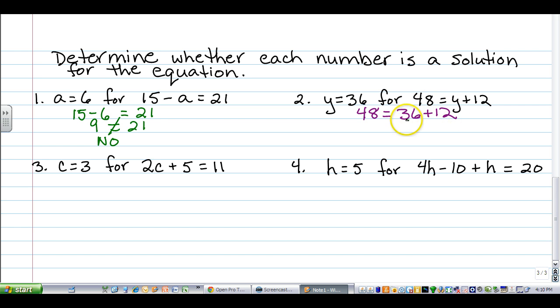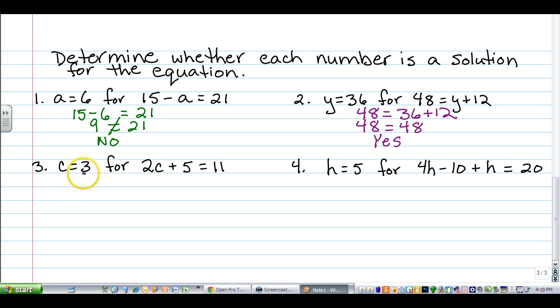Now, if you need to use your calculator, you can. And if you plug that into your calculator, you're going to find that 36 plus 12 does indeed equal 48. So, is 36 a solution for 48 equals y plus 12? And the answer to this one is yes. It is a solution. It does create an equation. Let's look at number 3.